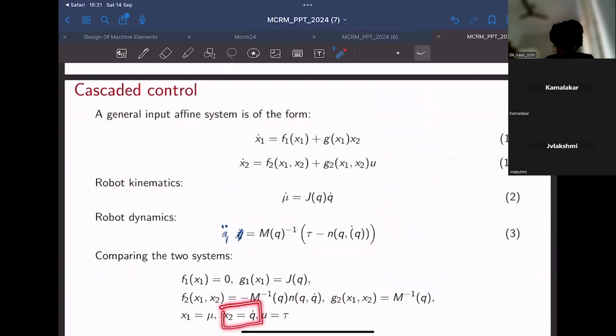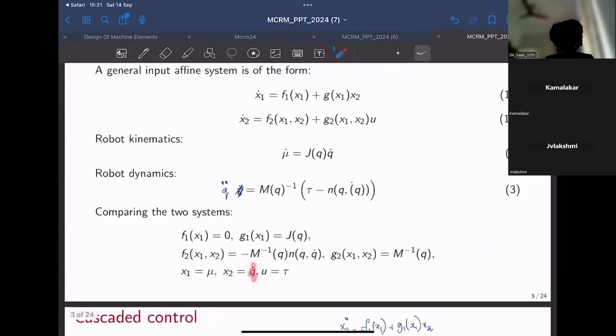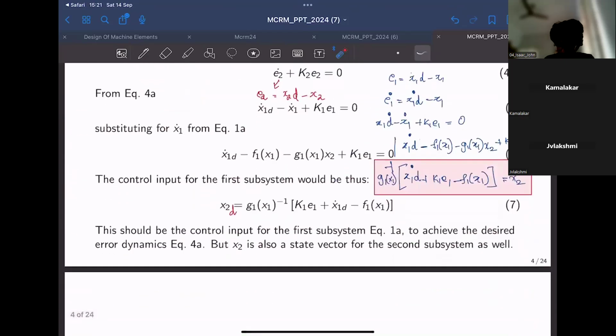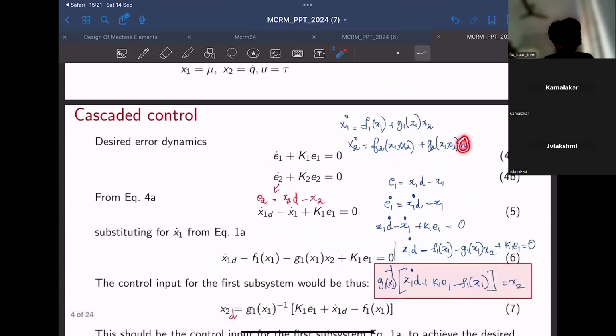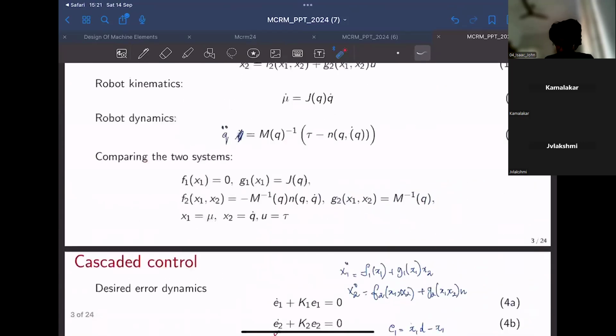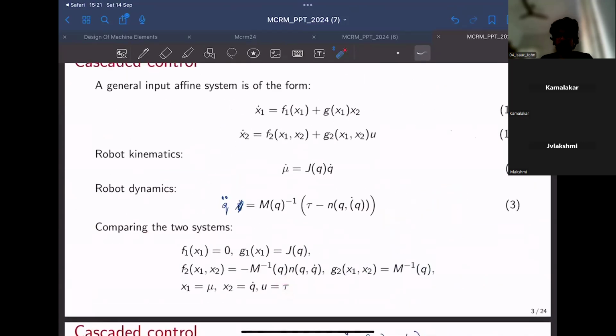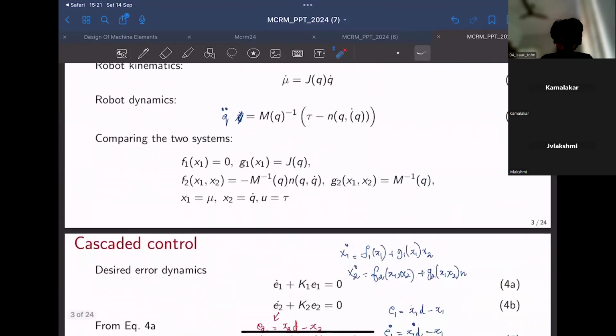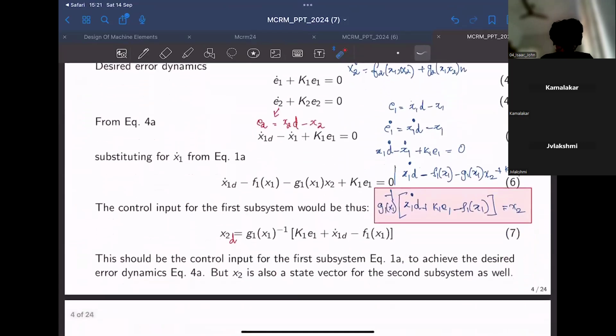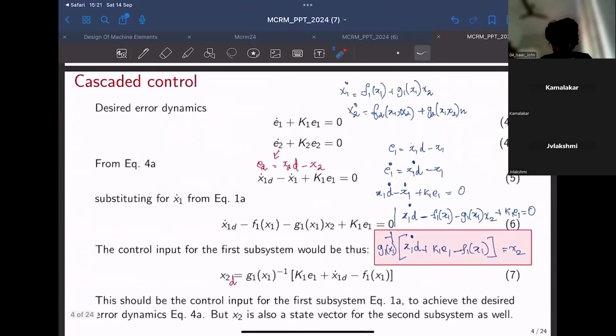So you would try to force this q dot to be this term using this control input u. And from the context of a robotic system, u is nothing but the torque that we can actually give as an input. Okay, so I hope that much is clear.